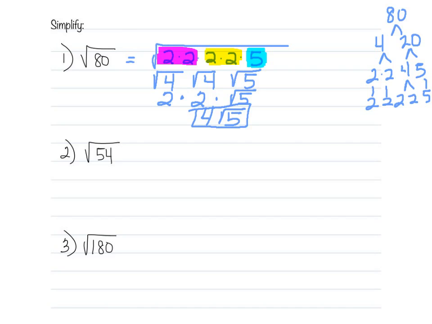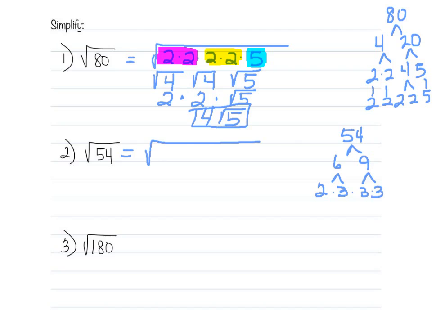All right, let's go on to number 2, radical 54. The prime factors, I would say let's do 6 times 9. So this is 2 times 3 and 3 times 3. So I have 2 times 3 times 3 times 3.